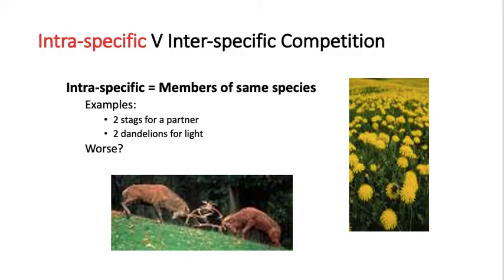Now let's look at this in a little bit more depth. There are two different types of competition. There's intra-specific competition and inter-specific competition. Now, intra versus inter, you may have come across this lingo before in your social, personal, and health education. You might have talked about intra and inter in the context of looking at yourself and your self-awareness.